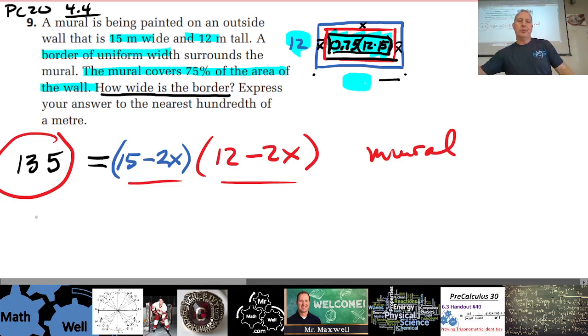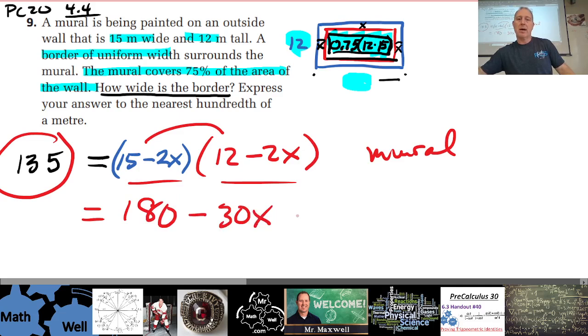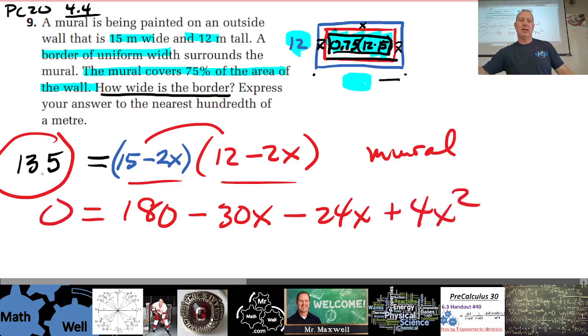Okay, so let's see. I'm going to go 15 times 12. 180? Yes. 180 minus 30x minus 24x plus 4x squared, and I'm going to pull this minus 135 over here.